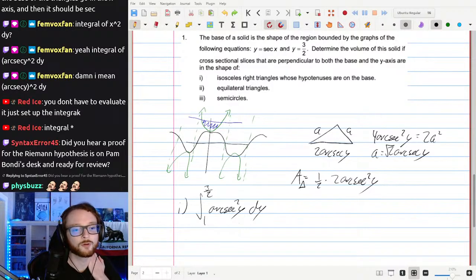So the first thing to realize is that you need to integrate in y because we're ranging from one y value to the other. And it's not going to work if you try to do it with x. You saw where I got stuck on that. And then you want everything in terms of y, so you have to rearrange that equation.